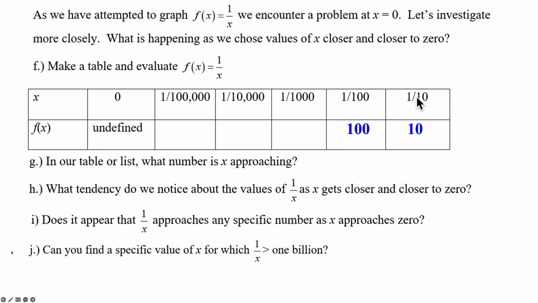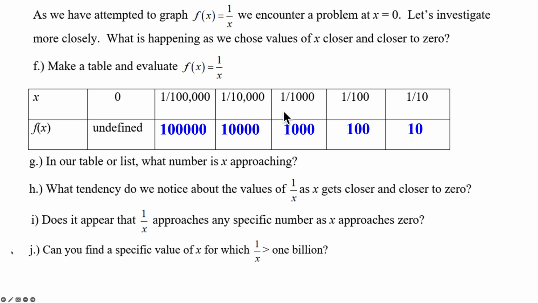Oh, I get it. 1 over 10 goes in for x. I'm trying to divide by a fraction, but we don't divide by fractions. We multiply by its reciprocal. So 10 times the 1 is just 10. The reciprocal of 1 over 100 is 100. Okay, so I got it. Okay, so real quick, this would be 1,000, 10,000, 100,000.